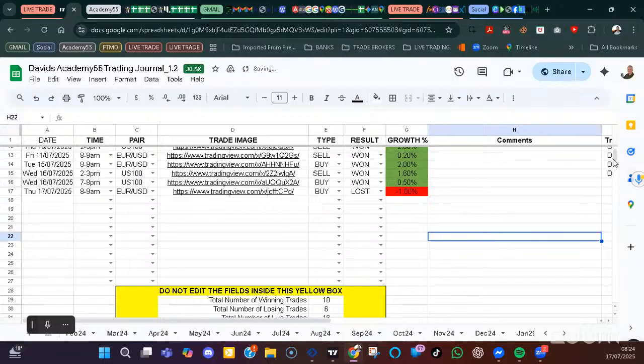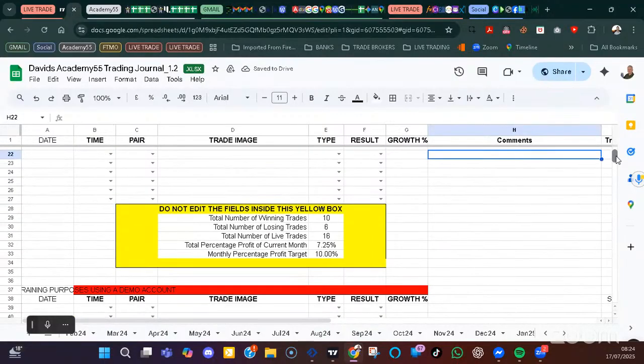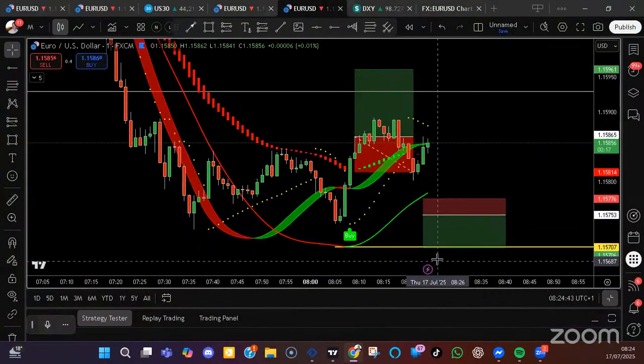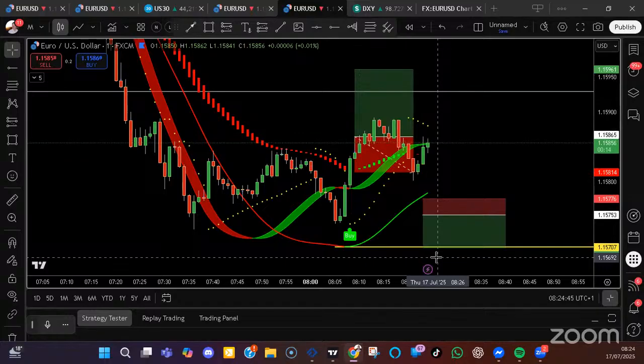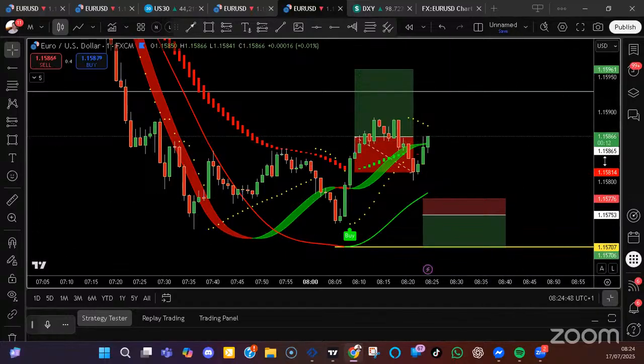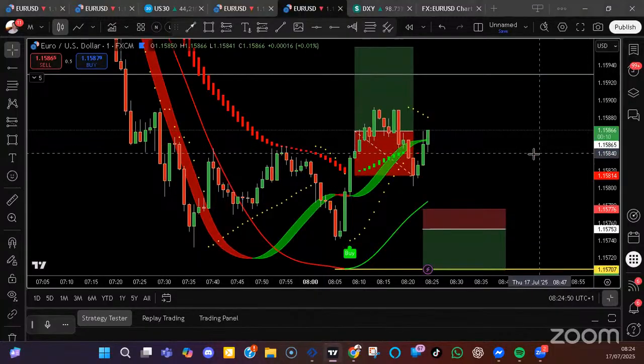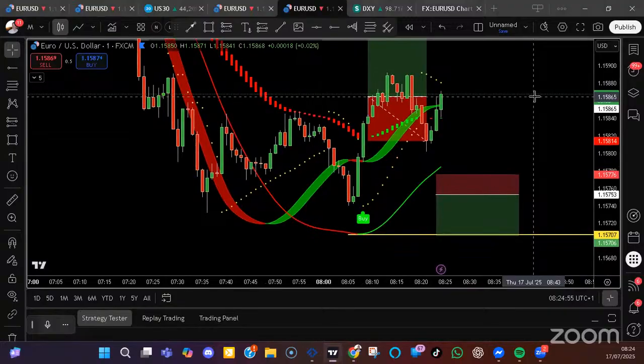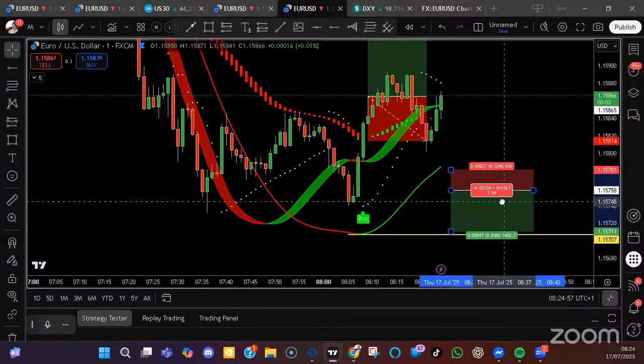So that ultimately puts my overall at the moment set back to 7.25. I've got plenty of time for the rest of the month to hopefully achieve my target. But you trade what the market is willing to give you and not what you wish you had.